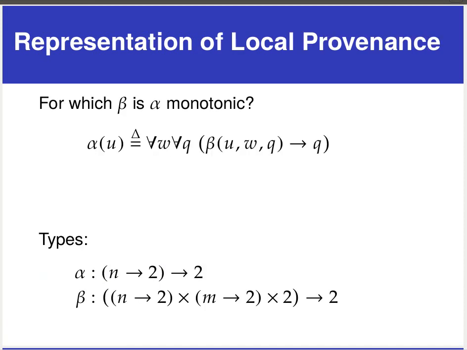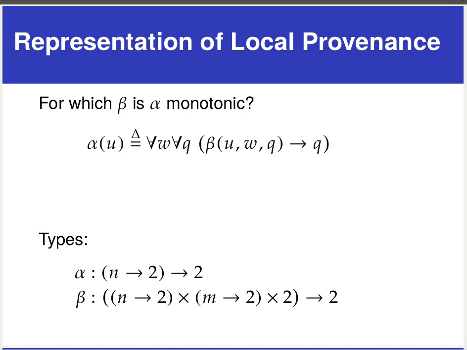Okay, so far I lied a little bit. I said that the local provenance at a certain abstraction is some Boolean function. But in fact, in our implementation, where the static analyses are implemented in Datalog, what we get back is a set of constraints that look like Horn clauses.